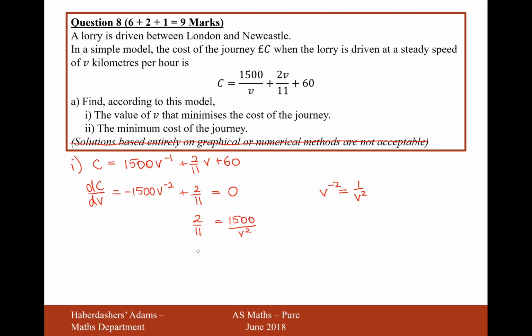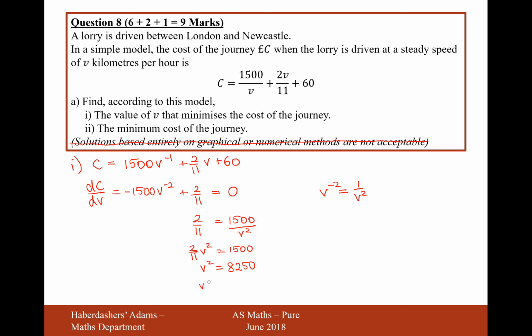So I'm now going to move the v squared onto the other side by multiplying it onto the other side. So it's going to be 2 over 11 v squared equals 1,500. And then v squared will equal 1,500 times the 11 and then divide by the 2. So 1,500 times 11 divided by 2 is 8,250.